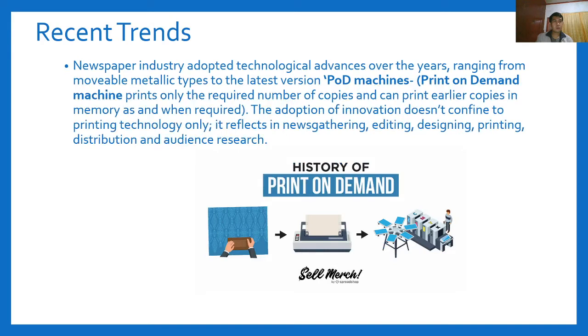Okay, for the recent trends, because of the advent of technology, we have these POD or print-on-demand machines, which enable the publishing of newspapers in only the required number of copies, and can print earlier copies from memory as and when required. So it equips the publishers to determine the required number of copies to produce.